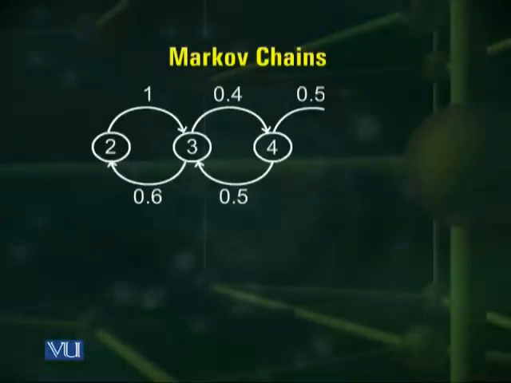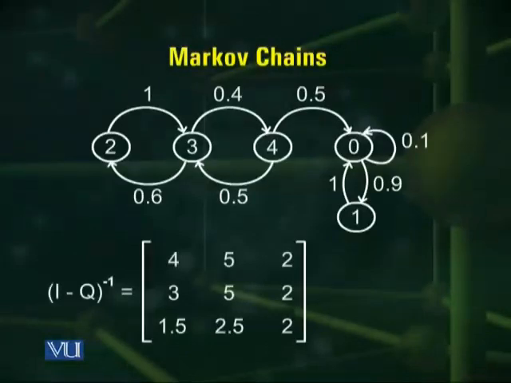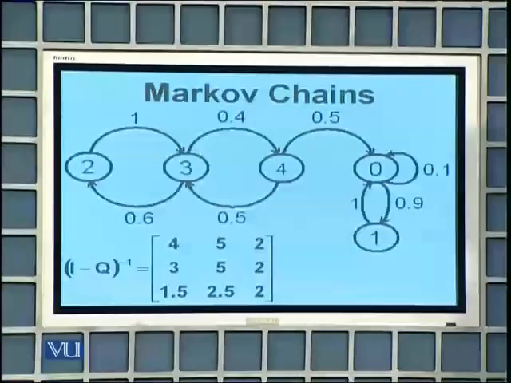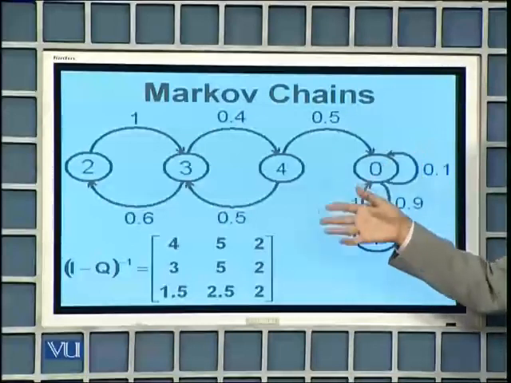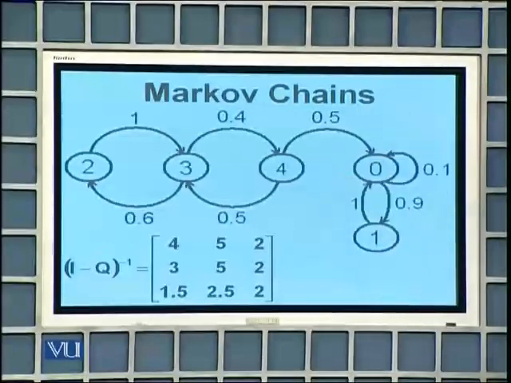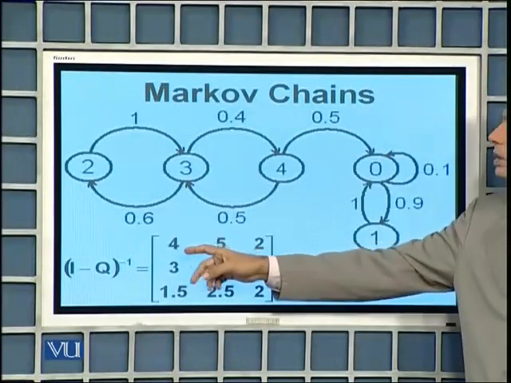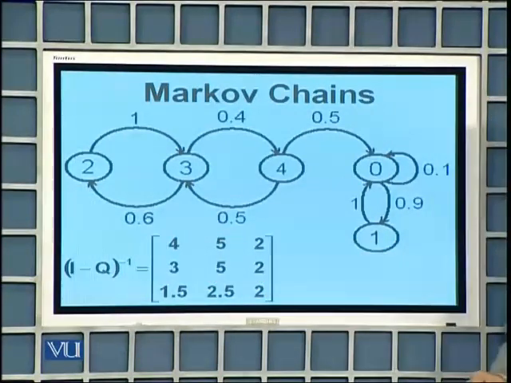Let's put this matrix next to the graphical model of this Markov chain and try to see how these numbers can be interpreted in the transient behavior of this Markov chain. Let's look at this number. This is the 1,1 entry of I minus Q inverse.